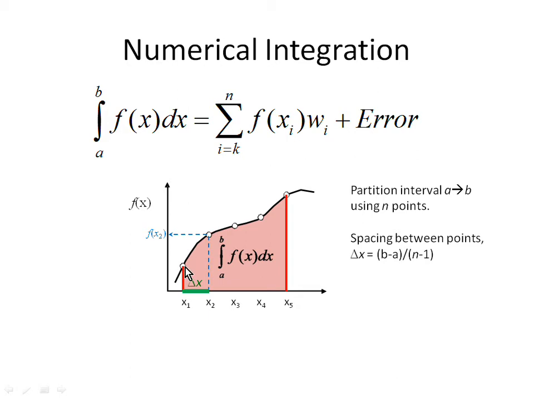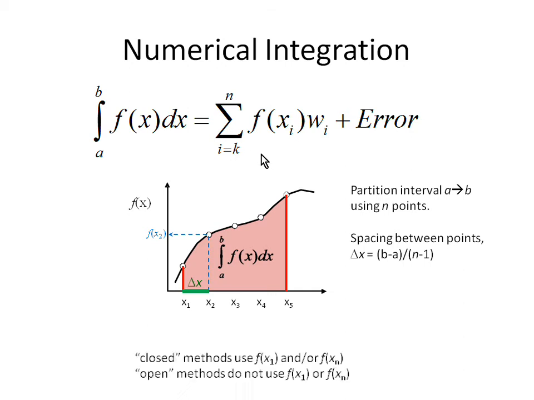And those values will be these values here. And we'll take each one of these functions evaluated at these discrete values of x, we'll multiply by this term, which is a weighting function, and then we'll add them up. And that will be the essence of this numerical integration technique.